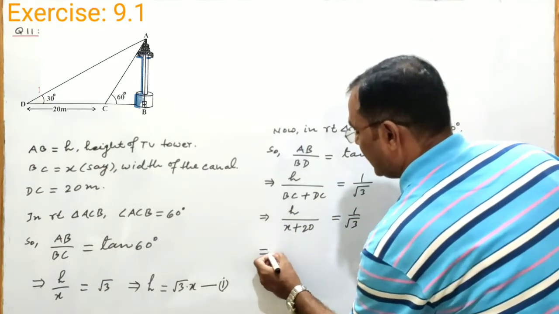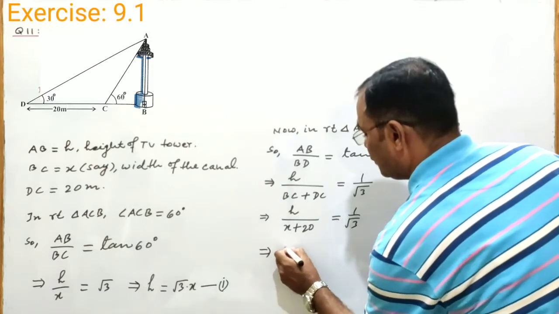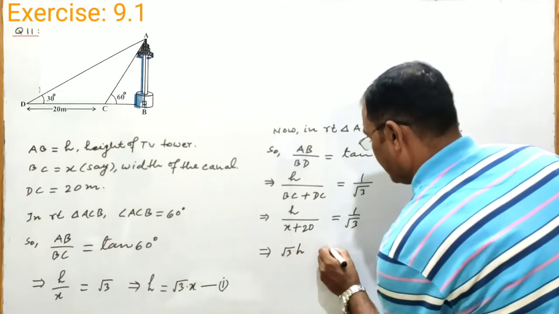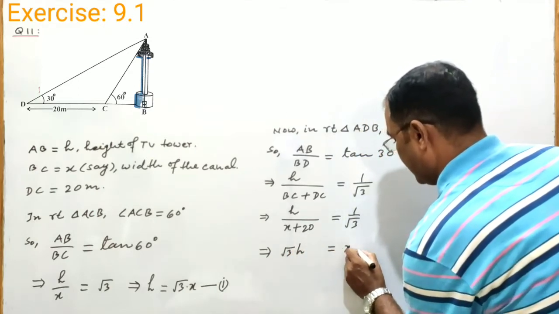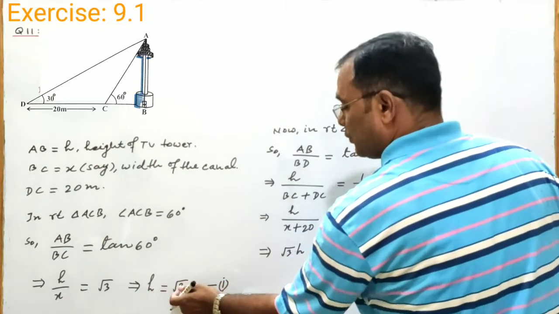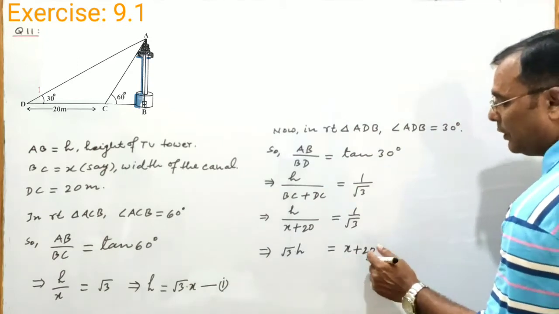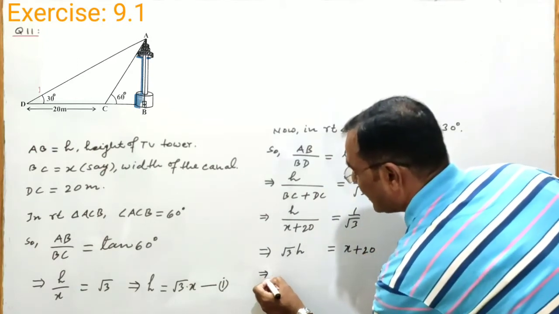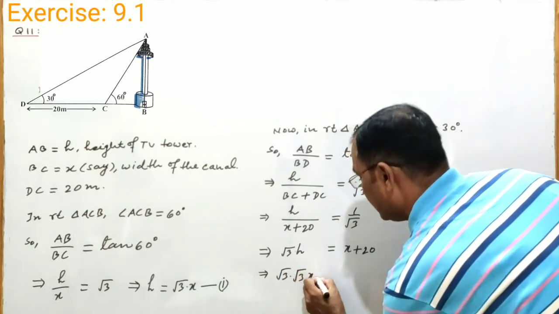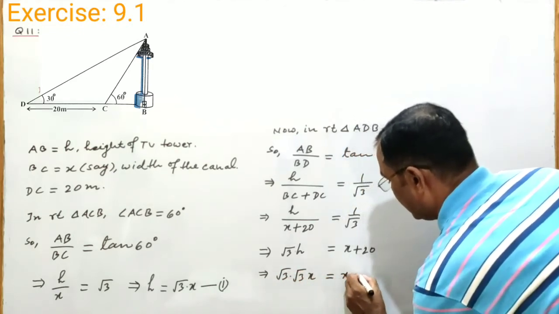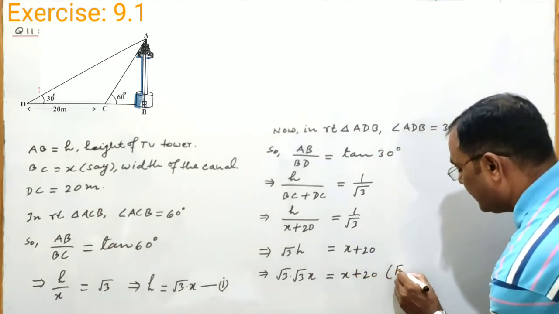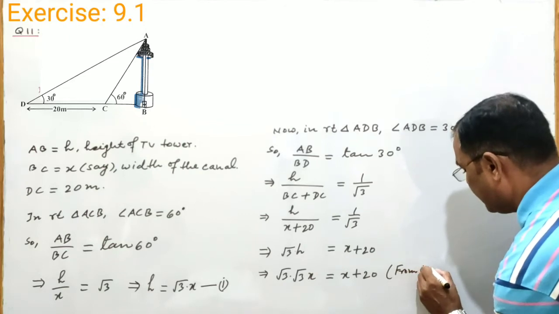Now cross multiply, root 3 H equal to x plus 20. Let us put H equal to root 3 into x from 1. So root 3 into root 3x equal to x plus 20. This is from 1.